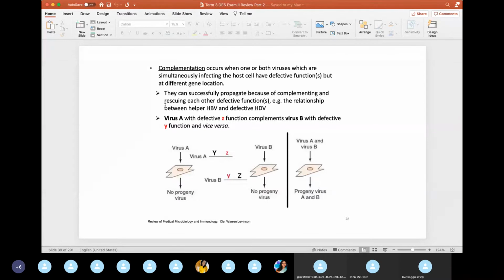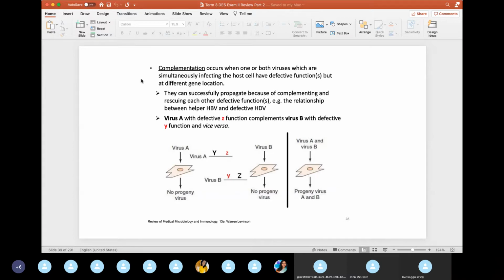Contrast that one with complementation, right? So you have two viruses. They simultaneously infect the host cell, but at different gene location. So they can successfully propagate. Why? Because they complement each other and they rescue each other's defective functions.